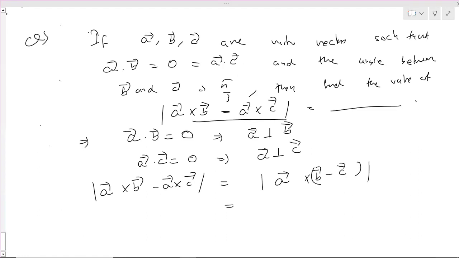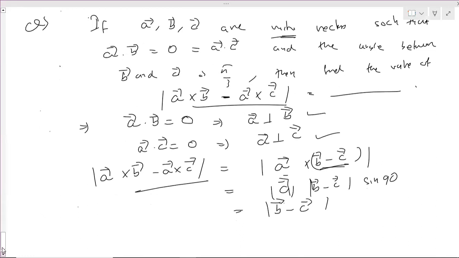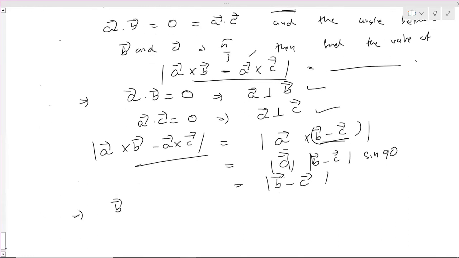Now A is perpendicular to both B and C. So can I say the angle between B minus C and A will be 90 degrees? And mod A is 1, as they are unit vectors. So this whole is equal to mod of B minus C. Now we have to find mod B minus C. So let's square this.